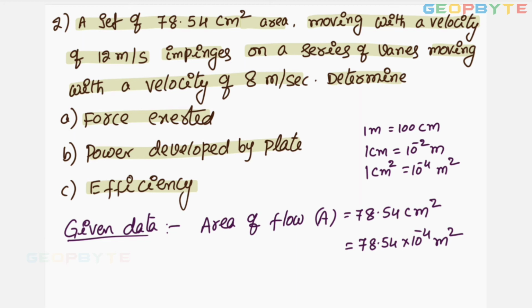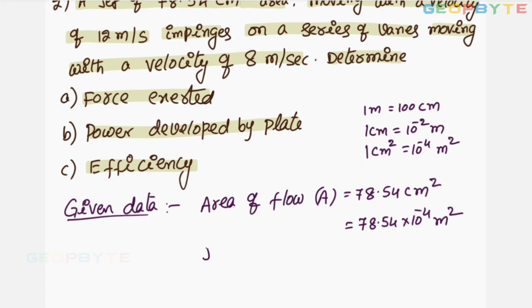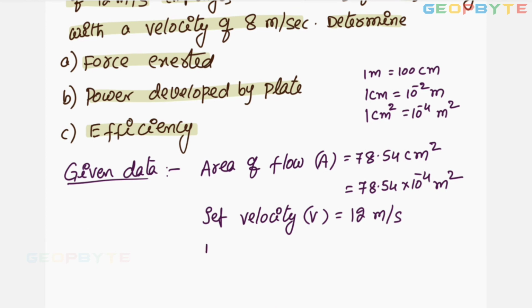Jet velocity V equals 12 meter per second. Plate velocity u equals 8 meter per second.